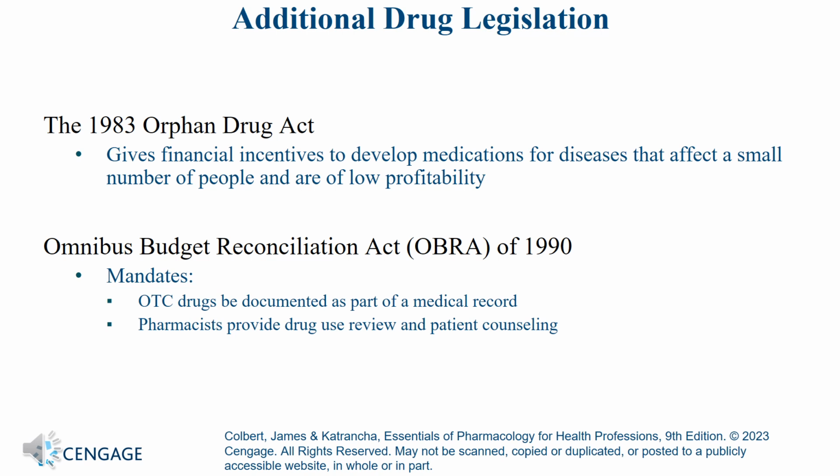The Omnibus Budget Reconciliation Act, which is considered OBRA of 1990, mandated that over-the-counter drugs be documented as part of a medical record, and that the pharmacy provide drug use review and patient counseling. So if you notice now when you go to the pharmacy and you are going to start a new prescription, a lot of times you have to have a consult with the pharmacist so he can go over those items with you.